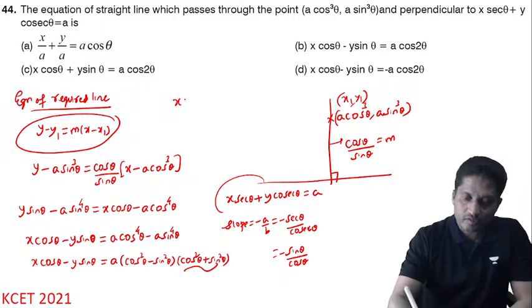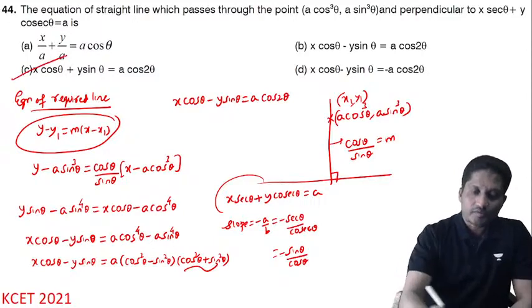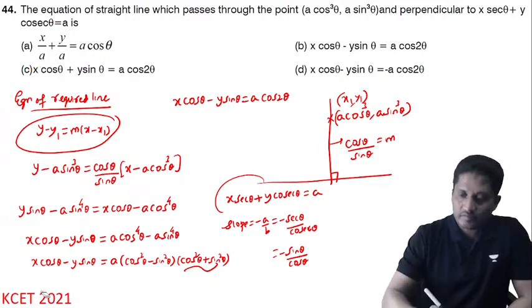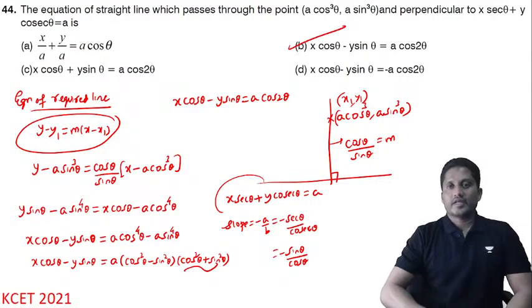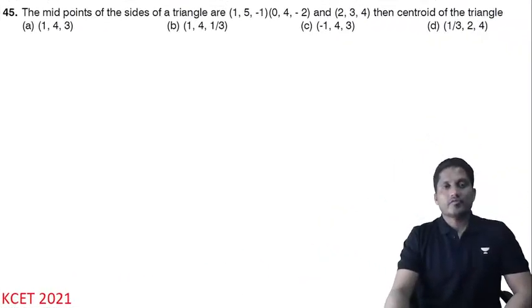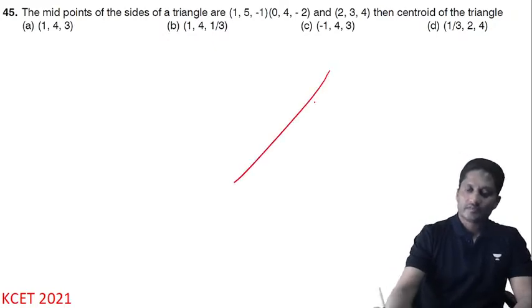So this becomes x cos theta minus y sin theta is equal to A into cos 2 theta. Answer is option B. B for Bangalore. Right, let's move to the next question. Question number 45. The midpoints of the sides of a triangle are given.